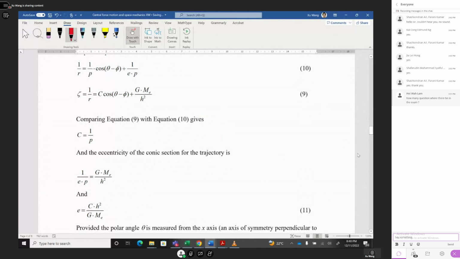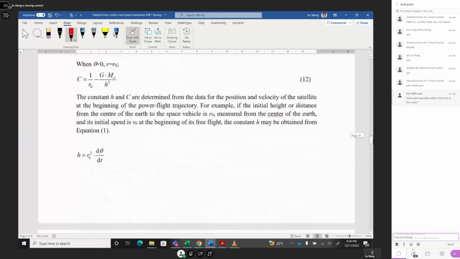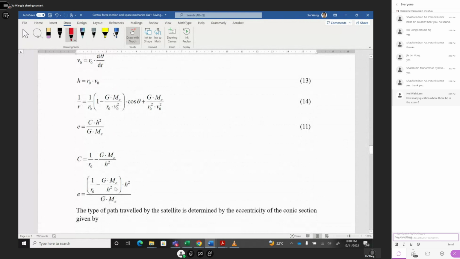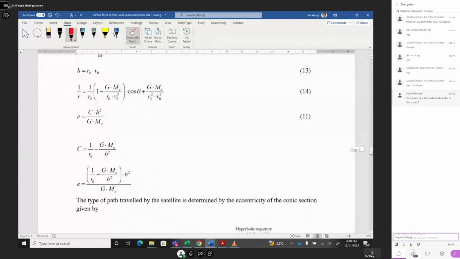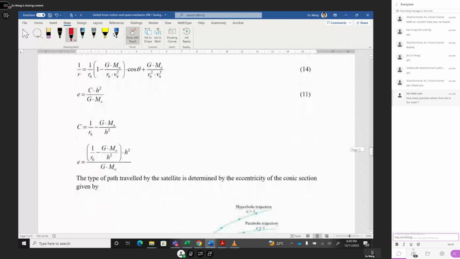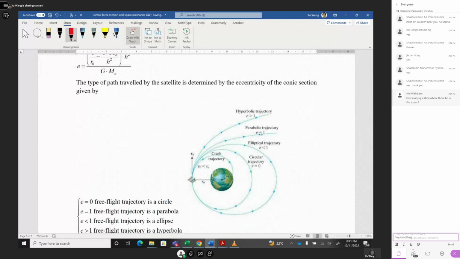You know the E formula, and it is like that. If you travel in a circle, E equals 0. If you travel in a parabolic trajectory, E equals 1. If you travel in an elliptical trajectory, E is less than 1. If you travel in a hyperbolic trajectory, E is larger than 1.